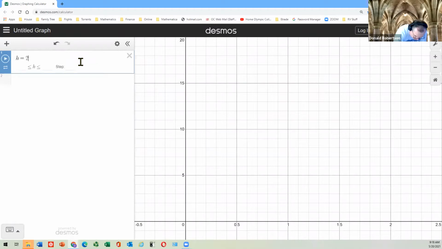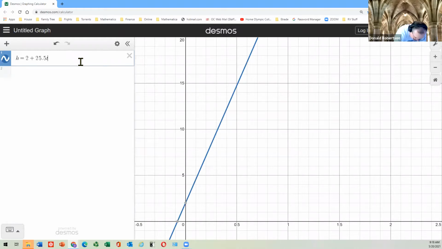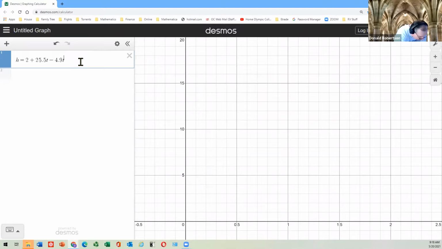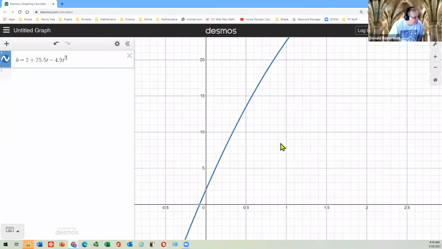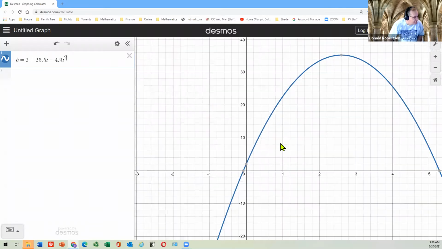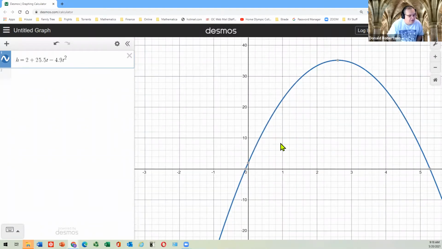And I'll type in 2 plus 25.5 t, take away 4.9 t squared. Now, it's not uncommon that Desmos doesn't show you the whole picture. Can you see right now? Oh, we are looking at Desmos, aren't we? Okay. Can you see right now? You can't really see most of it. So if you move your mouse, you shrink it back. There. Can you see it?